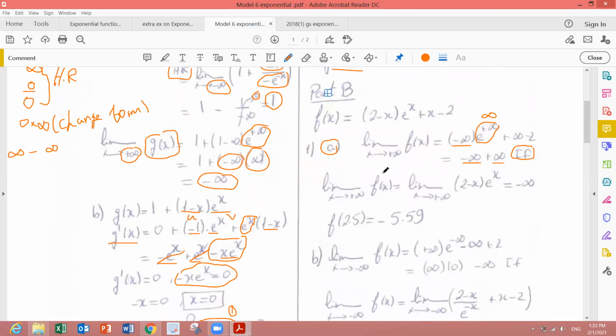Of course, x. So the limit as x tends to plus infinity of f(x) equals the limit of the highest power, 2 minus x times e to the x. It becomes minus infinity times e to the power plus infinity, so it is equal to minus infinity.